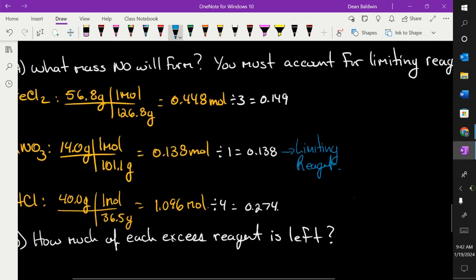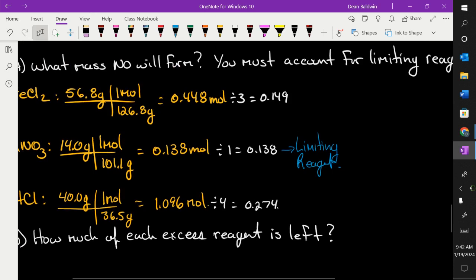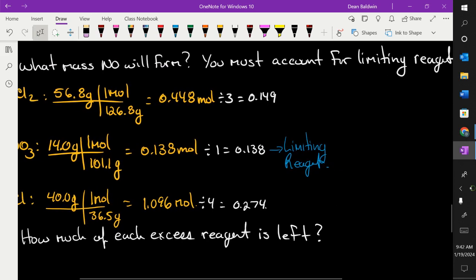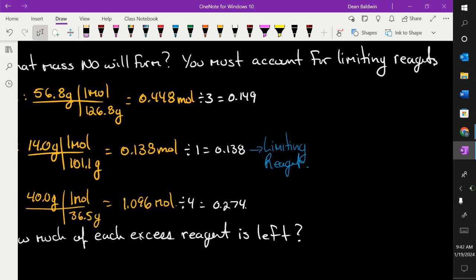So they're asking us how much NO will form. So now it's just a stoichiometry problem. We have 0.138 moles of potassium nitrate.